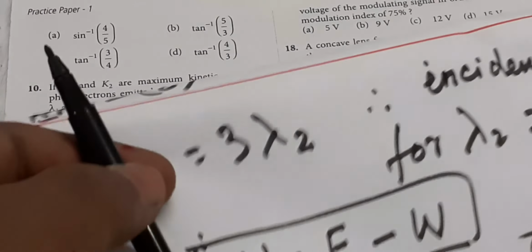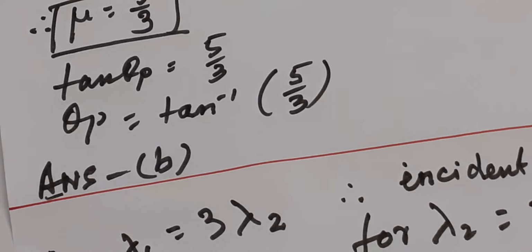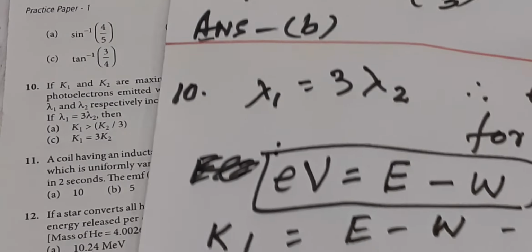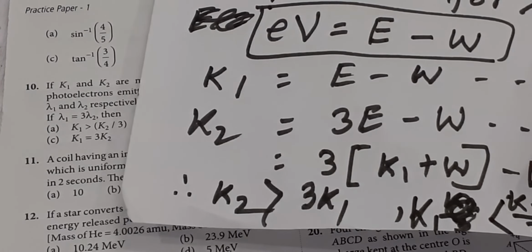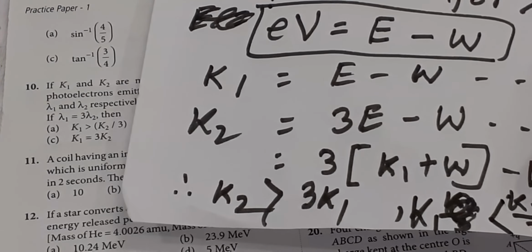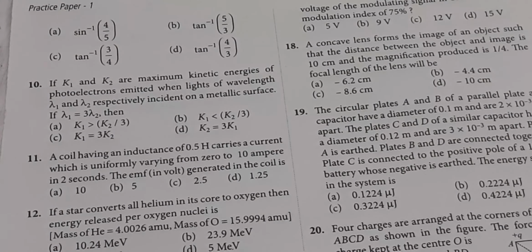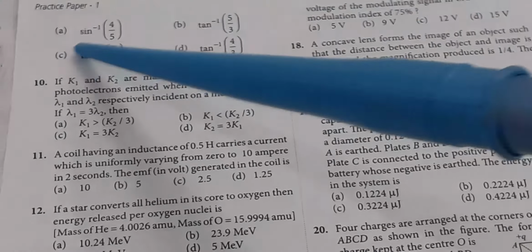K2 is greater than thrice K1, that means K1 will be less than K2 by 3. That is the point you have to say. The answer for this particular problem will be this one, B. K1 is less than K2 by 3.